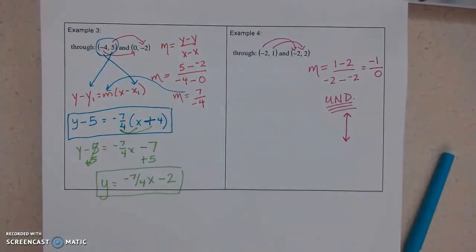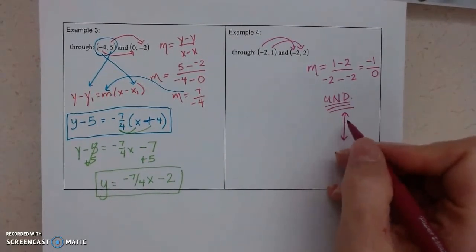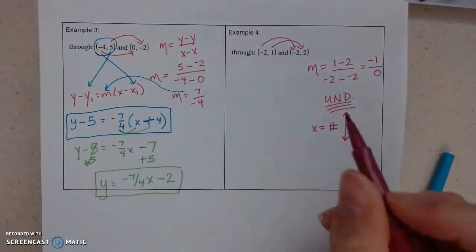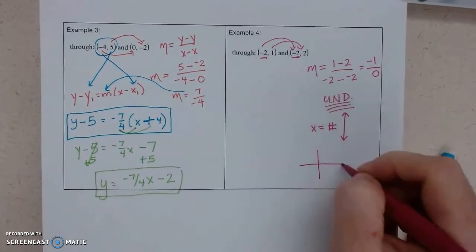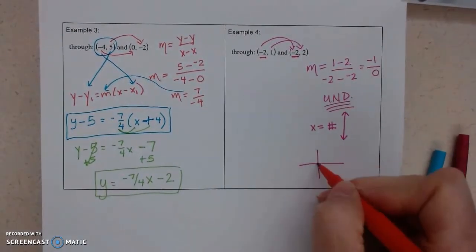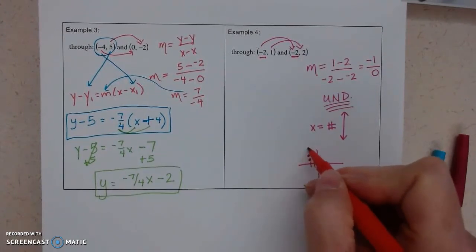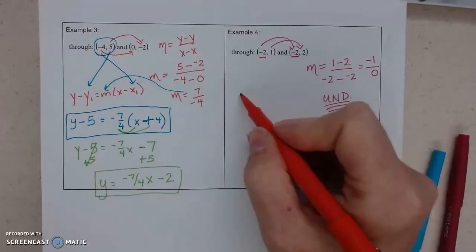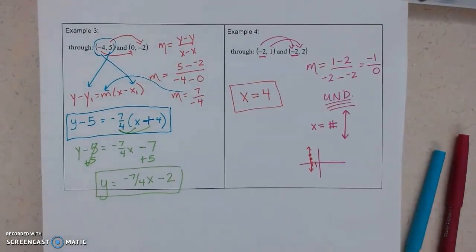This was one of those special exceptions that you needed to memorize, which means that the equation of the line is x equals whatever the x value is. You'll notice these x values are the same. If I graphed those, just to double check, I've got negative 2 up 1, and then negative 2 up 2. And yeah, it's going to make a vertical line. So both of them, point-slope and slope-intercept form, are x equals 4.